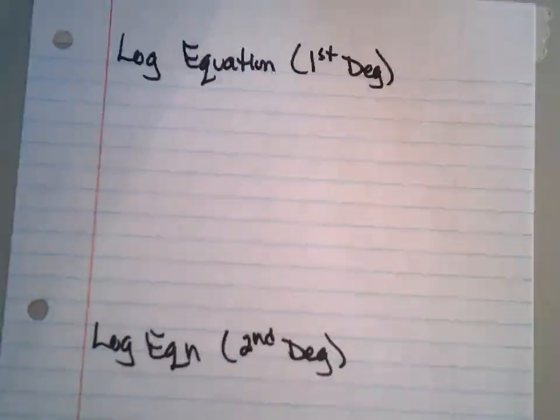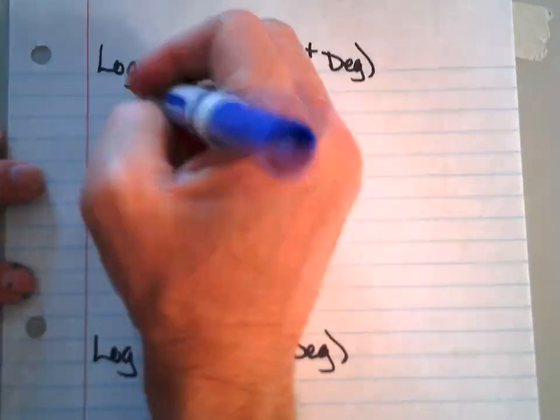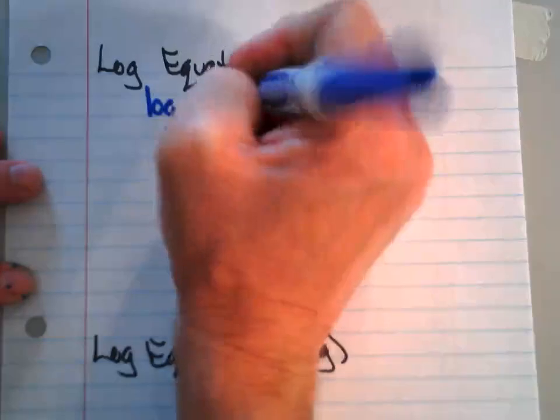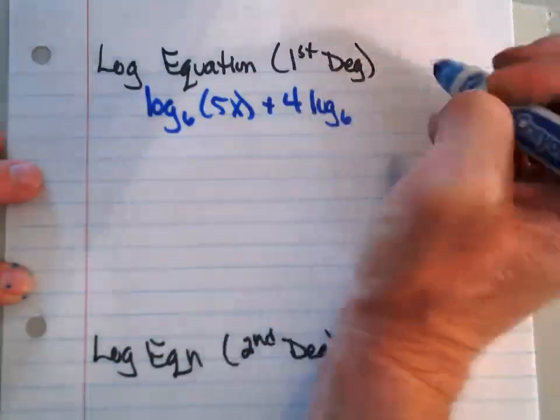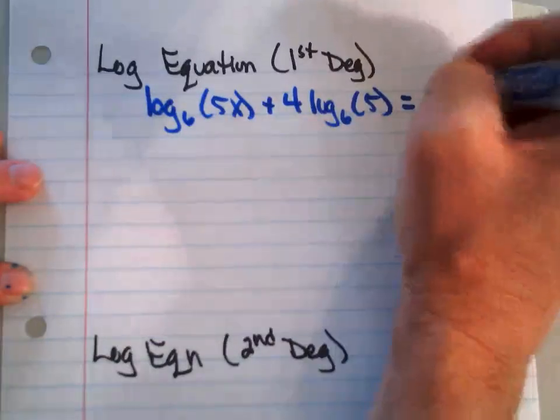Okay, moving right along. I'm going to solve a logarithmic equation to the first degree. Probably going to have to do a little condensing on here. Log base 6, 5x plus 4 log base 6, 5 equals 5.